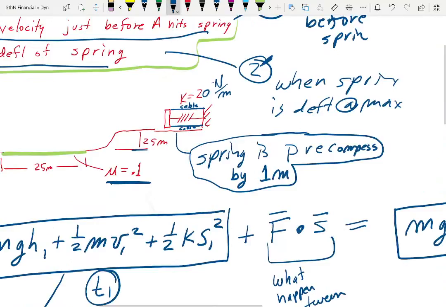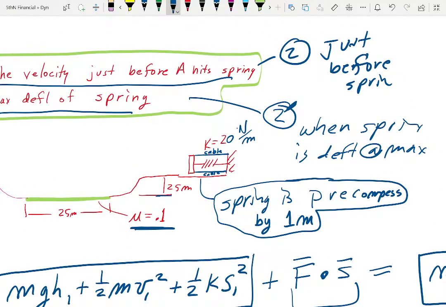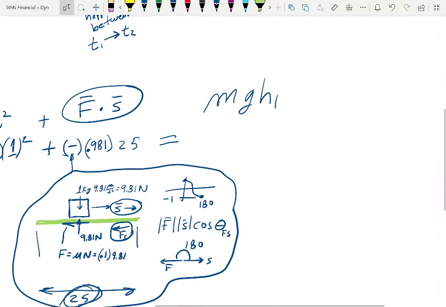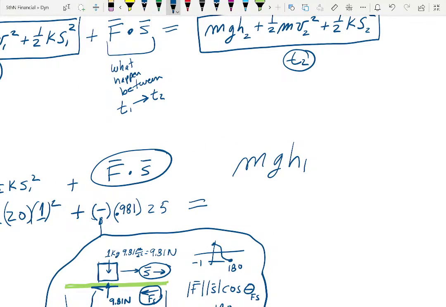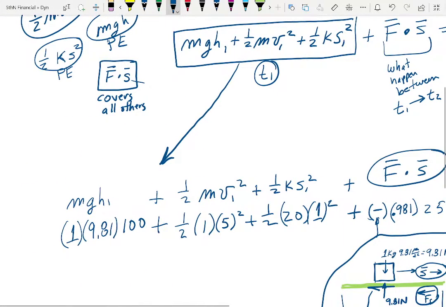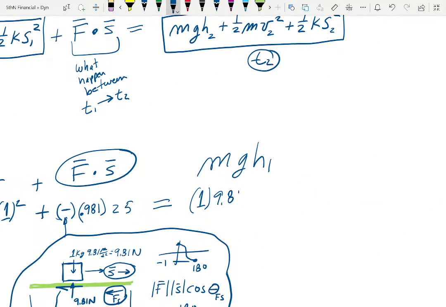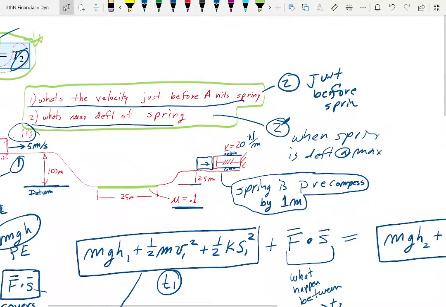Remember, state T2 is when this block sits right here, just about to hit that thing. It is flying to the right, about to hit it. MGH2: M is still 1 kilogram, still 9.81. However, it went down the hill and back up to an elevation of 25, so it came back up to right there.